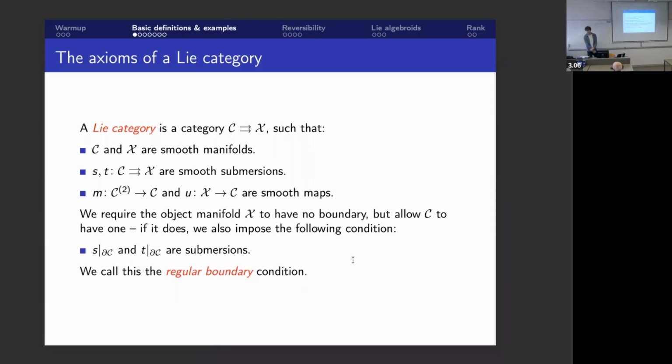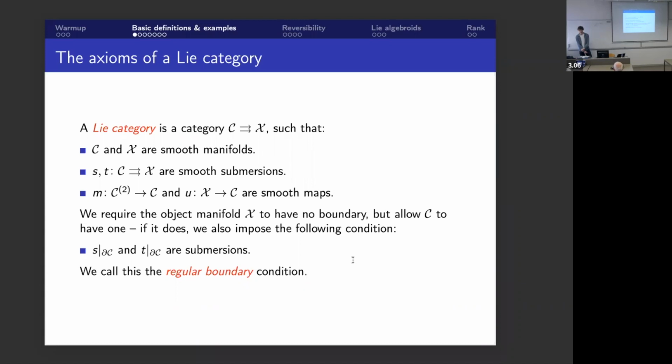In that case, the manifold of morphisms would necessarily not have a boundary. And moreover, the source and target fibers would actually be discrete. Right? Mm-hmm. So. Okay, can you give us an example of a regular?